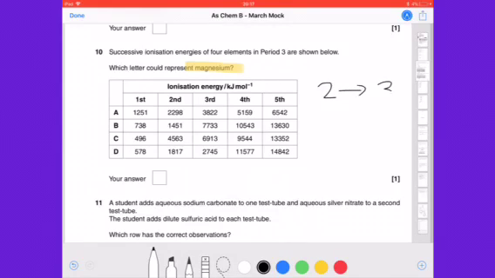So you're looking for the biggest jump between the second and third columns. And if you have a look at the second and third columns here, you will see that the greatest jump between 2 and 3 here would be found at B, where it jumps from 1451 to 7733. So that's the biggest change in energy.